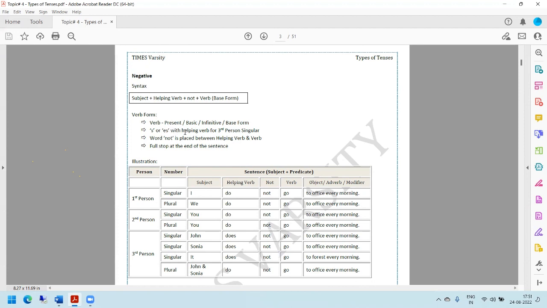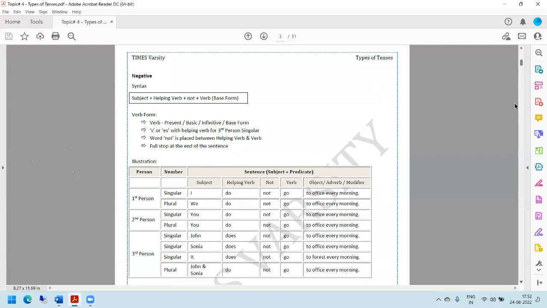The s or es is coming with the helping verb this time, not with the verb, for third person singular. The word not is placed between the helping verb and the verb, with a full stop at the end of the sentence. So this is the verb form and the rule.